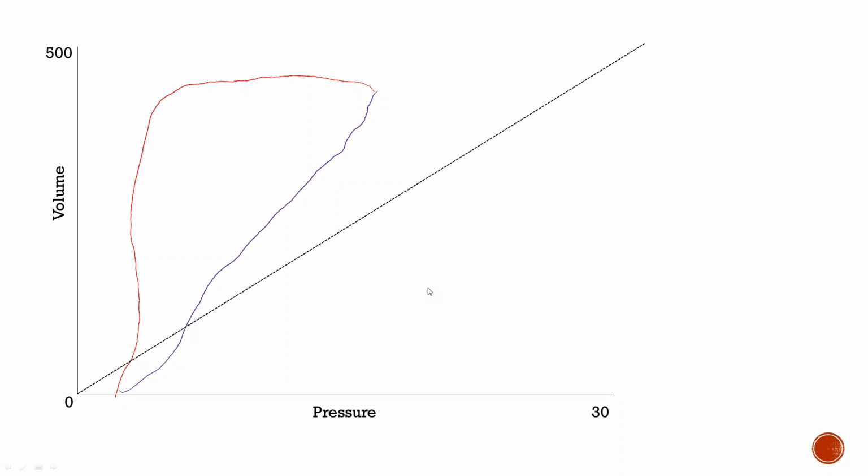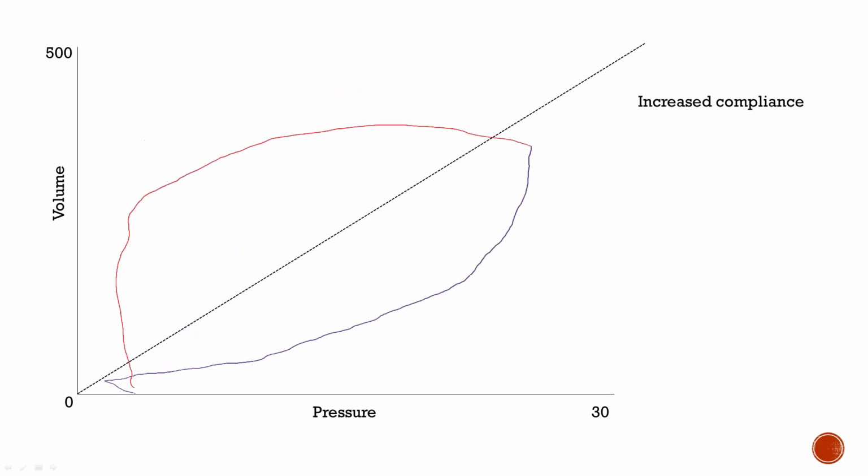It's almost the other way around. Very high compliance, right? So for a change in pressure, you have an incredible change in volume. And you would see that in a patient with COPD. The COPD pressure volume loop can look like this. Okay, so what's happening on this loop?